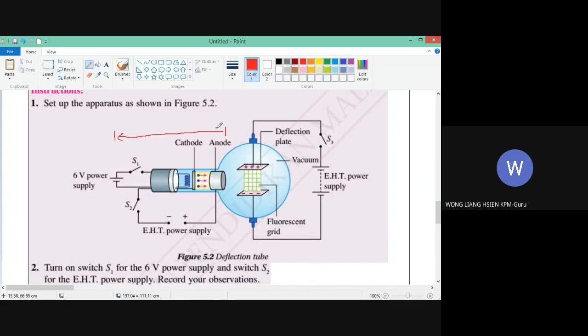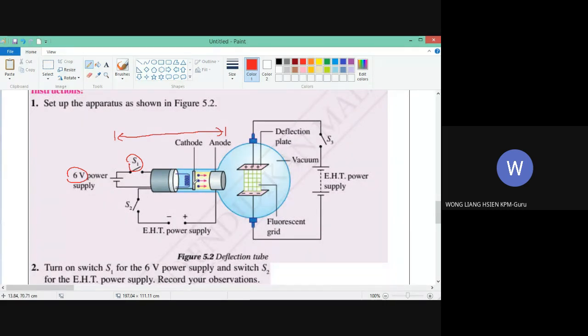This part is actually the same as the thermionic diode. You see here there's a tungsten filament connected to a 6-volt power supply. When you turn on this switch, the tungsten filament becomes hot and heats the cathode.